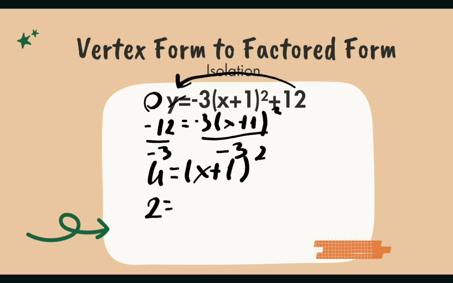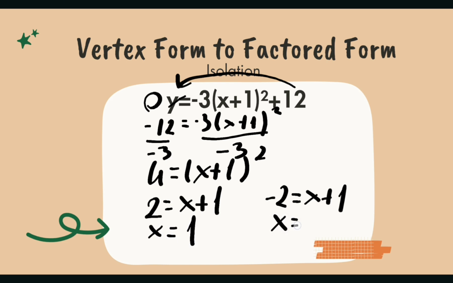2 equals x plus 1 and minus 2 equals x plus 1. x equals 1 and x equals minus 3. They are our zeros. (1, 0) and (minus 3, 0). We can write our equation now.